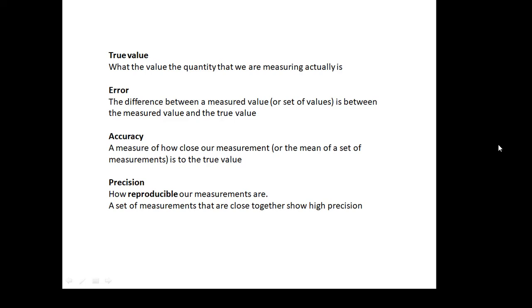If we get a reading or a set of readings, like the average of a set of readings, close to the true value, then that is accurate. Then another word, precision. Precision is how reproducible our measurements are. If we take lots of measurements close together, then that is high precision. We are being precise.